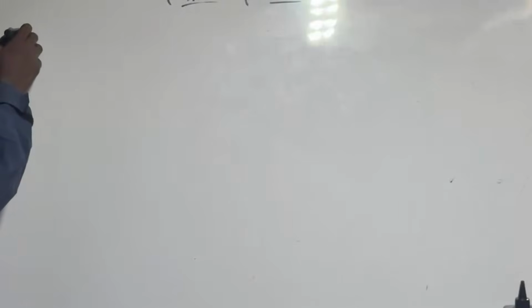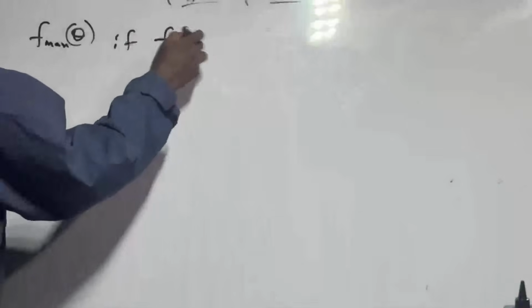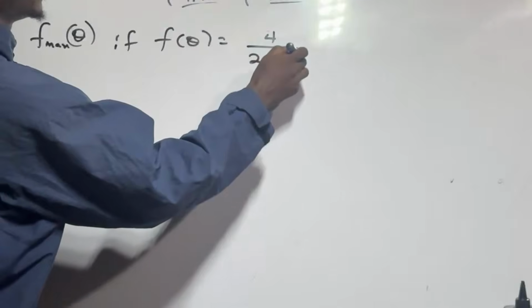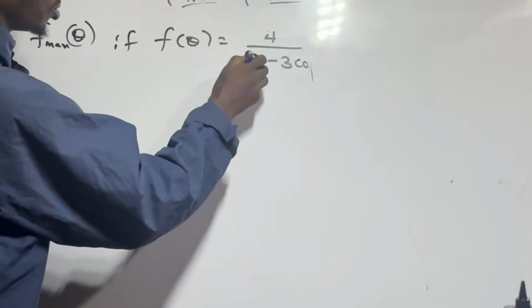For example, we have to find the max of theta, if f of theta is equal to 4 over, let's say, 2 minus 3 cos theta. Let me put 2 here.